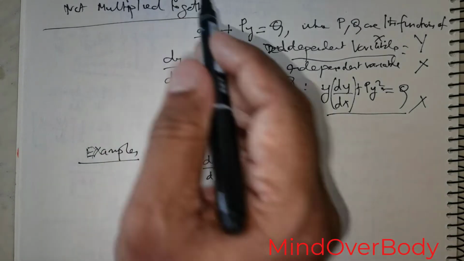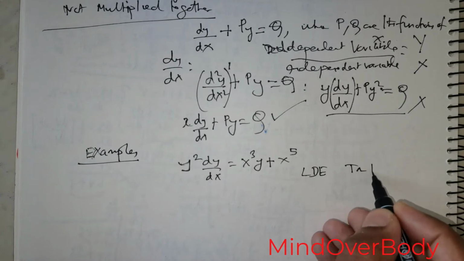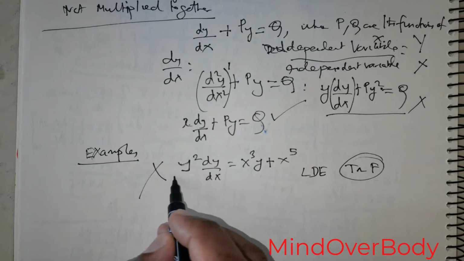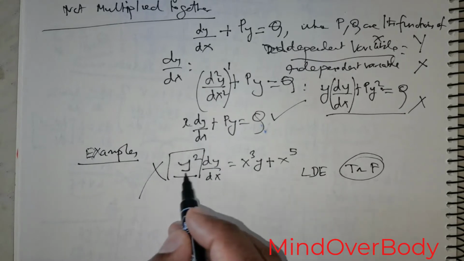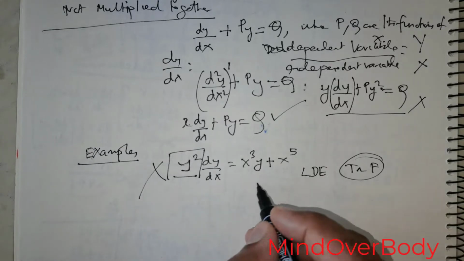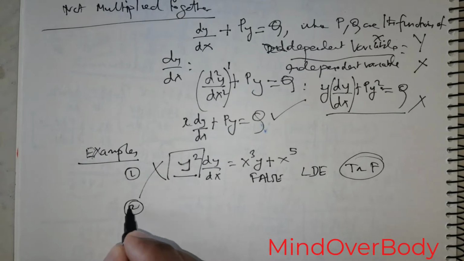Yes or no? True or false? Tell me. The answer is false. This is not a linear differential equation for the given fact that you got y squared being multiplied with dy over dx. So this is false.